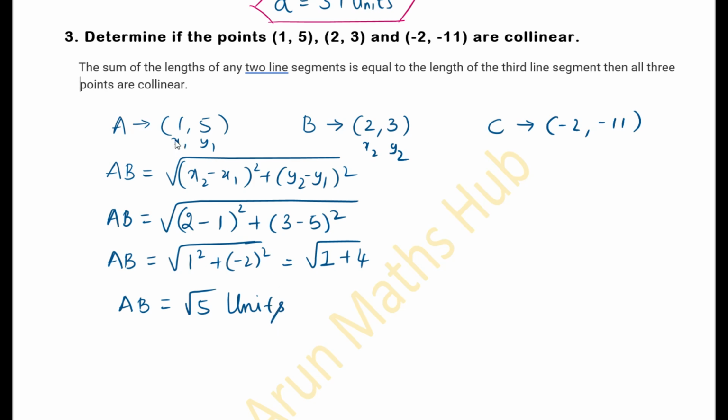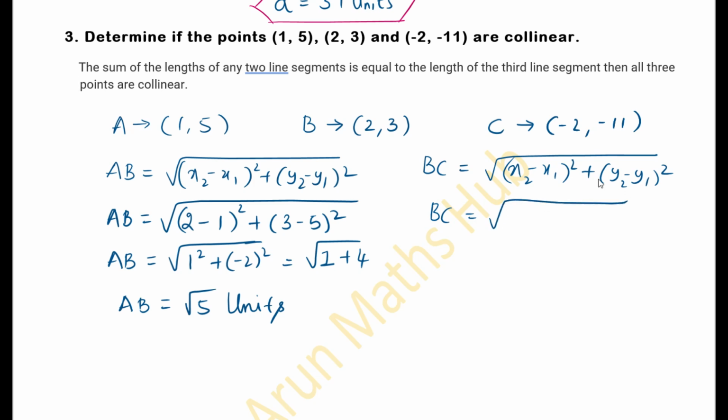In the same way, find out the length BC. Again, by using the distance formula, (x2 minus x1) the whole square plus (y2 minus y1) the whole square. To find the length BC, x1 is 2, y1 is 3, x2 is minus 2, y2 is minus 11.